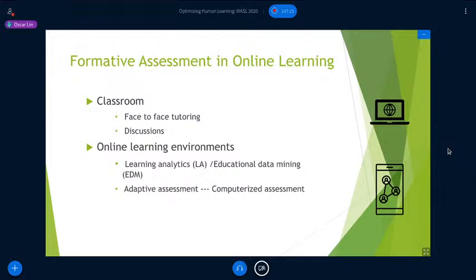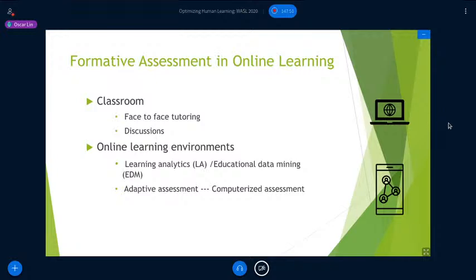So formative assessment like face-to-face tutoring and classroom discussion is impossible. That's why learning analytics and educational data mining explore how data generated by students can be analyzed or utilized to drive online learning systems to offer adaptive learning.